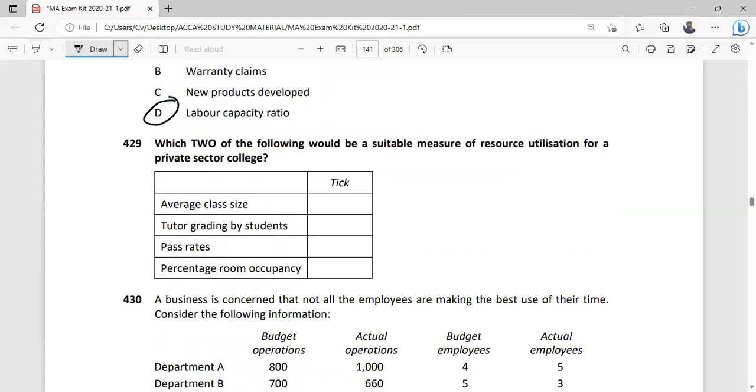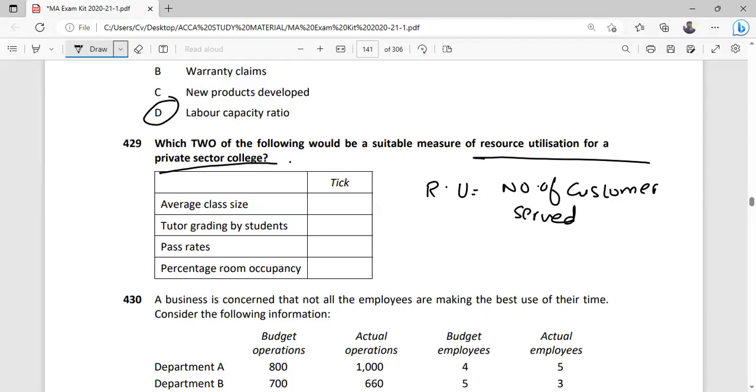Which two of the following would be suitable measure of resource utilization for a private sector college? Resource utilization means number of customers served by each employee.